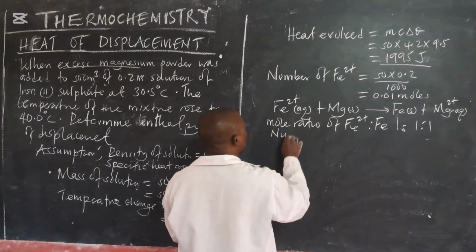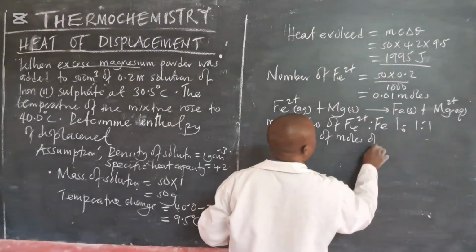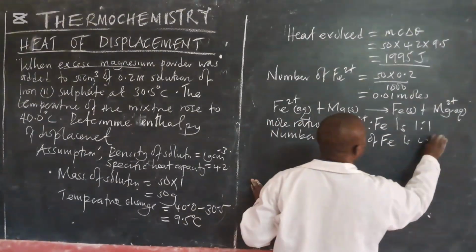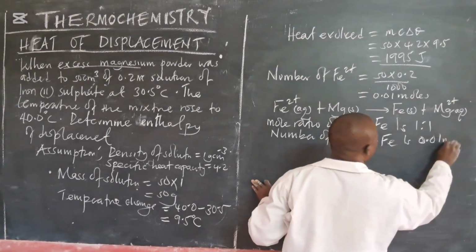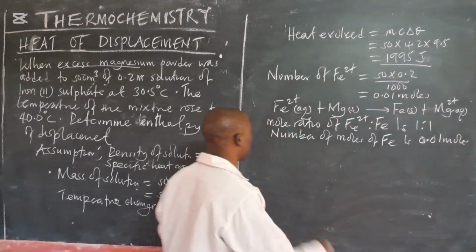So number of moles of iron is the same here. So displacement of this produces this.